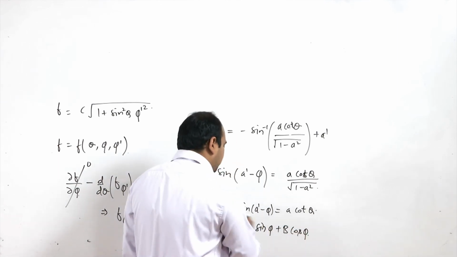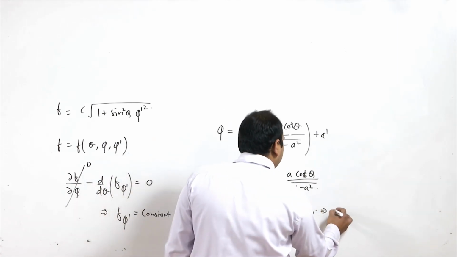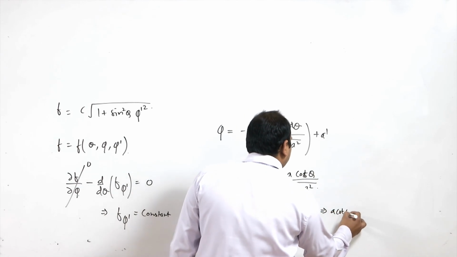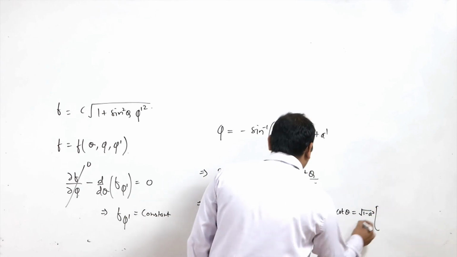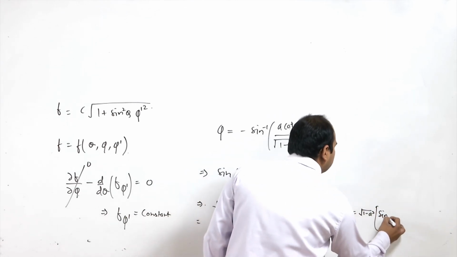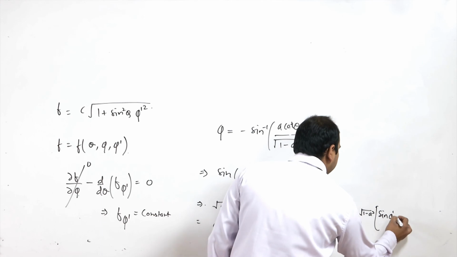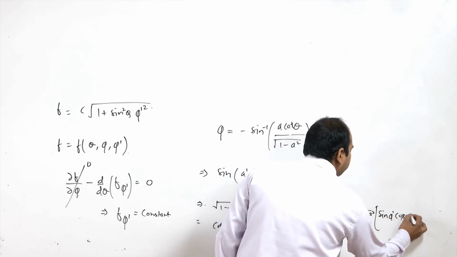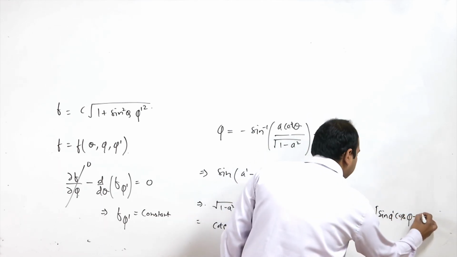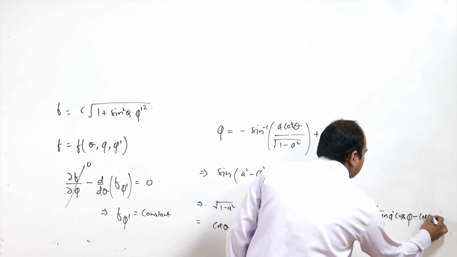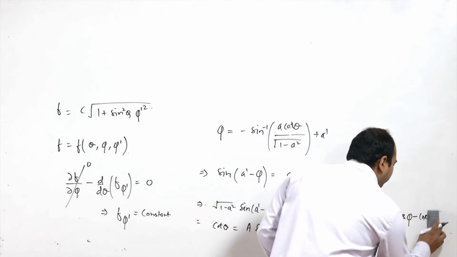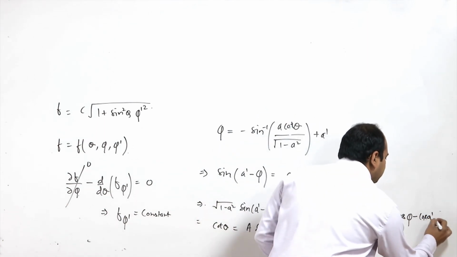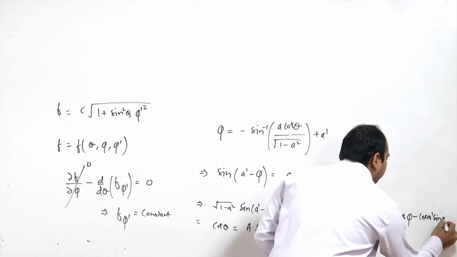In fact, you can simplify this as a cot theta is equal to under root 1 minus a square times sine of a dash cos of phi minus cos of a dash sine of phi, right.